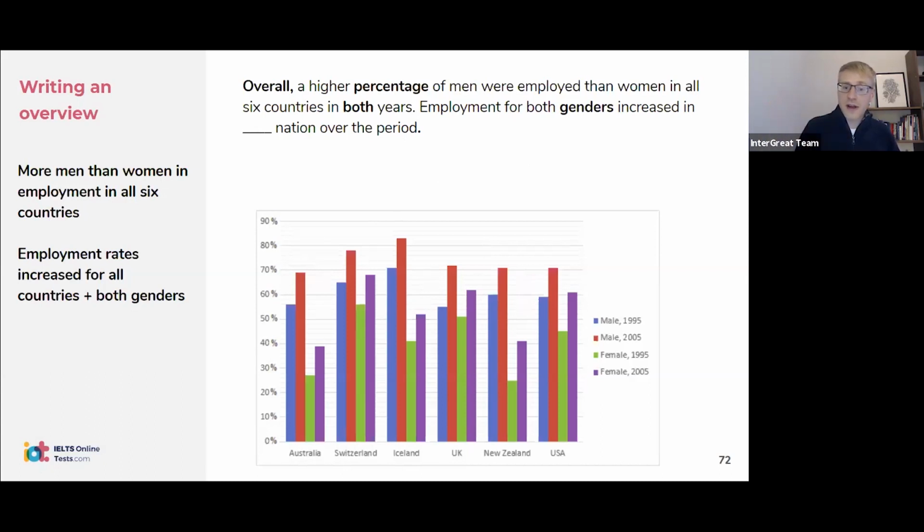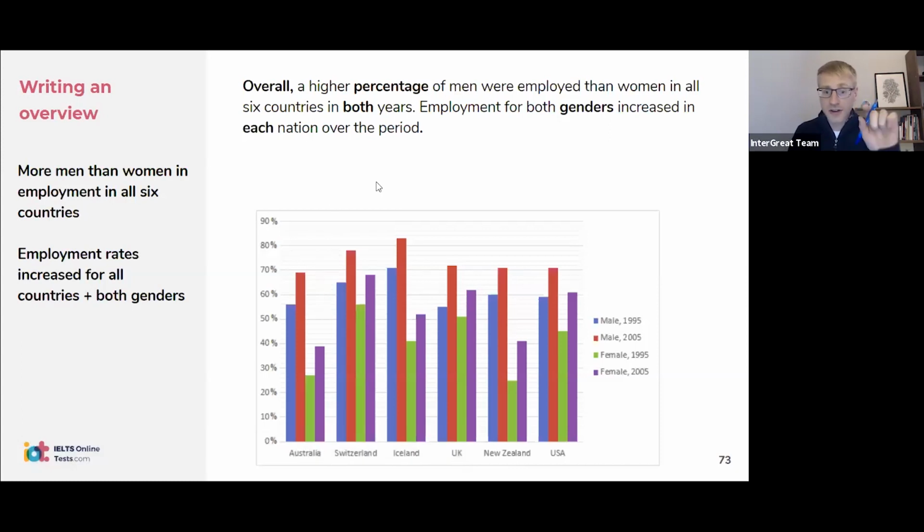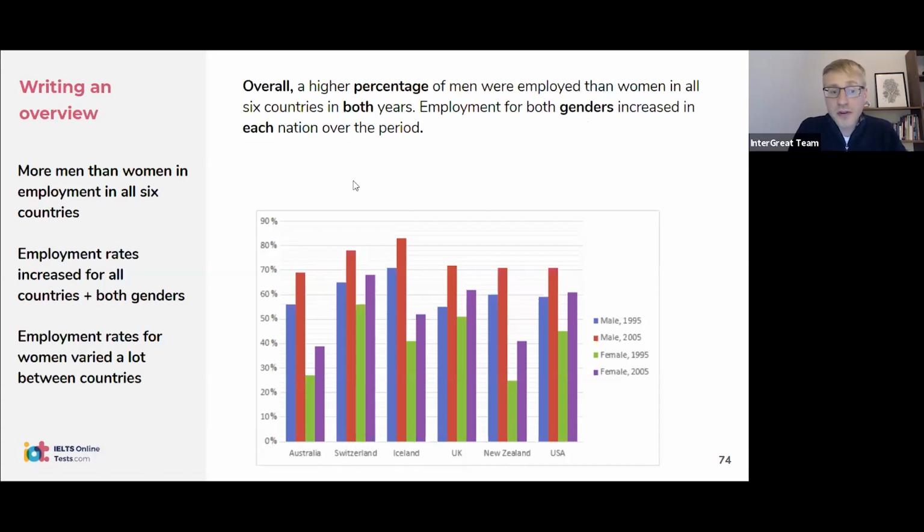So we can say, yep, genders in each nation, okay, or every nation would be fine. So employment for both genders increased in each nation over the period. Good. And finally, we want to say employment rates for women varied a lot between different countries.